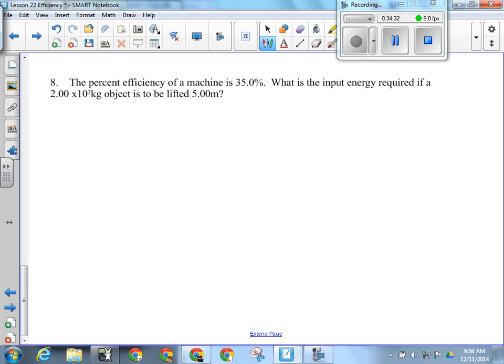All right, so on this one here, they tell us the mass and they tell us where it's lifted to. Can I figure out how much energy would be required to do that? Yeah, so I go m times g times h, and that's going to be my work out. That's how much work I would have to do. All right, so if I do that, then I'll be able to figure out what the input is by going work in equals work out over efficiency.